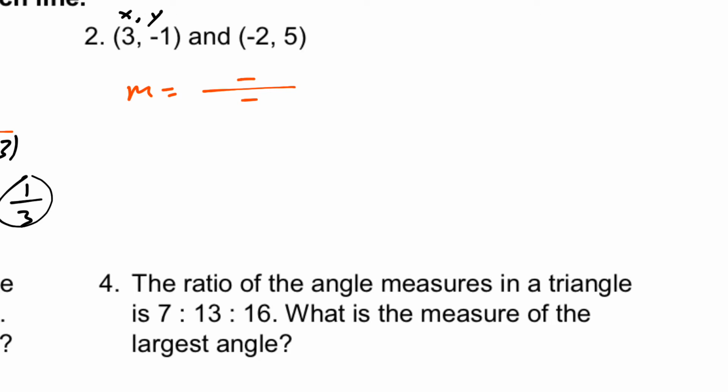I have this set up for us. I've already put the subtraction signs in there, and remember that the y's go on top for this. Our y's are 5 and -1. And our x's, again going in the same order, starting with this point right here, with this x coordinate, are -2 and 3.